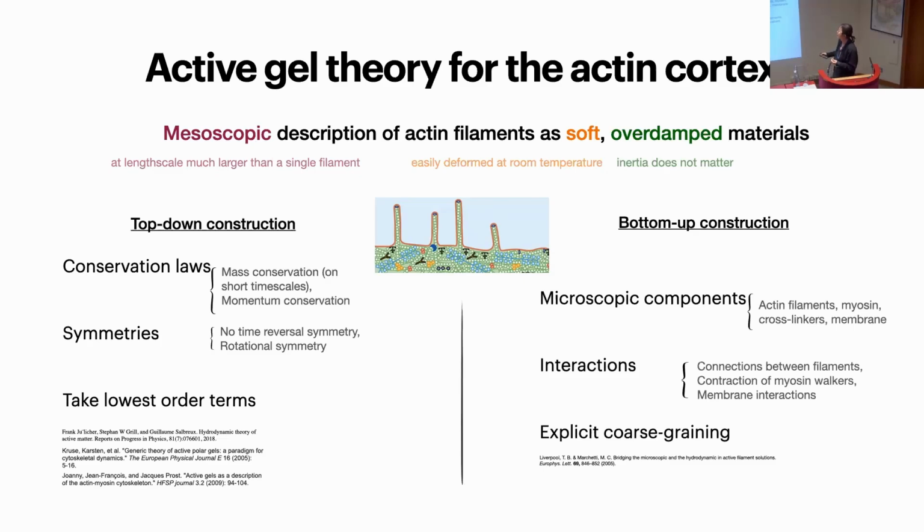So you take the microscopic components, such as the actin fibers, the myosins, the cross-linkers, or even the membrane, and then you write down all the interactions you think are happening between them, and then you do an explicit coarse graining to arrive at this mesoscopic description. So this has also been done in this paper, and the result is that it sort of gives you similar types of terms. So for our talk, we'll follow this approach.